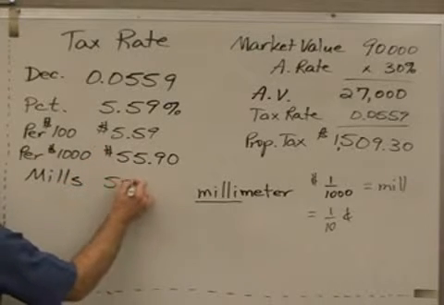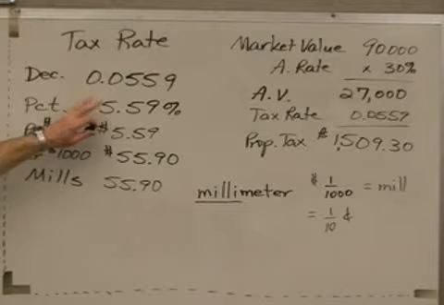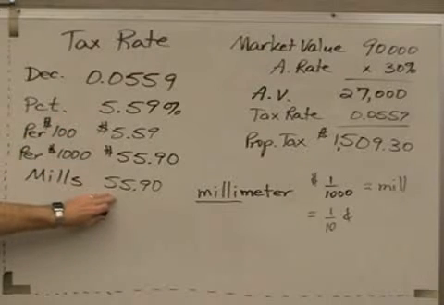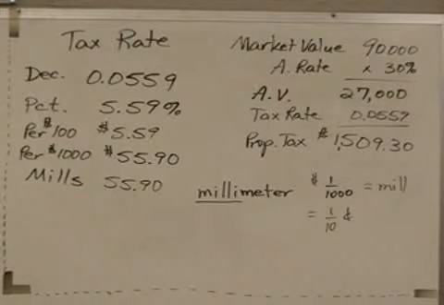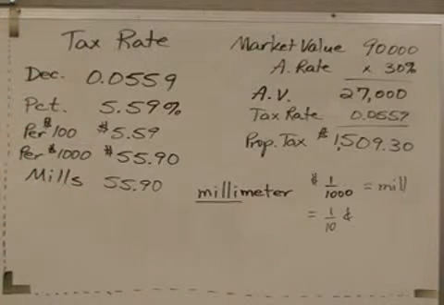This becomes 55.90 mils. So if you're paying 5.59%, you're paying 55.90 mils. Okay? So all these numbers mean exactly the same thing. And there are some exercises in the book where they say use this one and do it, but I want to make sure you know how to do mils.